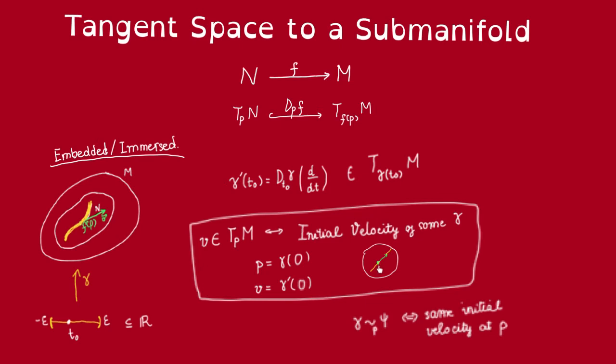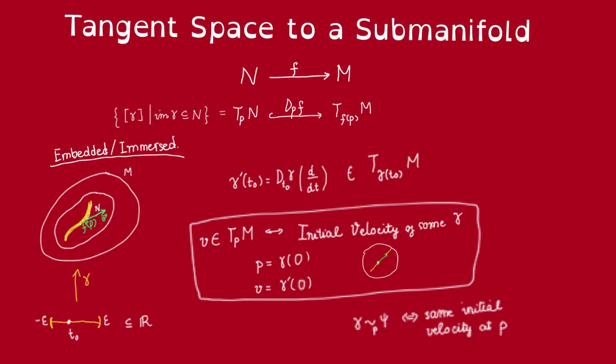The idea is that at p, the manifold is flat locally, and we can identify the manifold and the tangent space there with subspaces of R^m. And we take a small enough curve gamma so that it's just a straight line segment there. Now, this allows us to view tangent vectors at p as equivalence classes of curves starting at p, where two such curves are equivalent if and only if they have the same initial velocity at p.